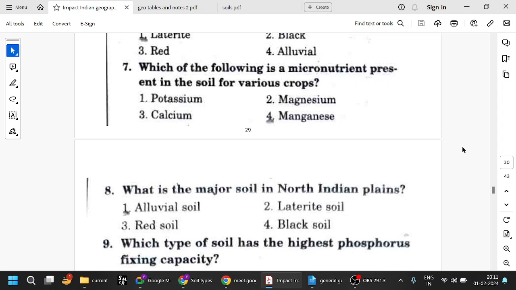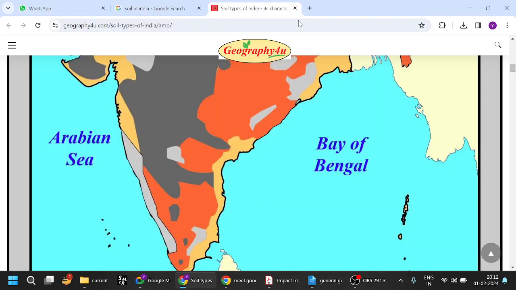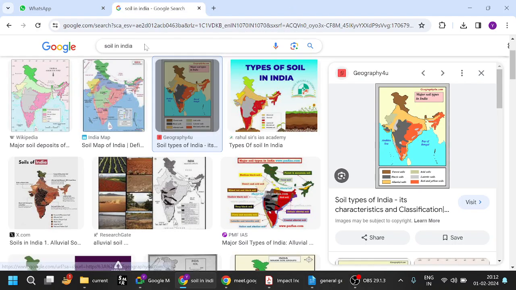If you look at fertilizers, most of the fertilizers we use are NPK: nitrogen, potassium, phosphorus. Because of the excessive use of fertilizers, they are leached into the nearby rivers and lakes, and this is called eutrophication, if I'm not wrong. Let us see.